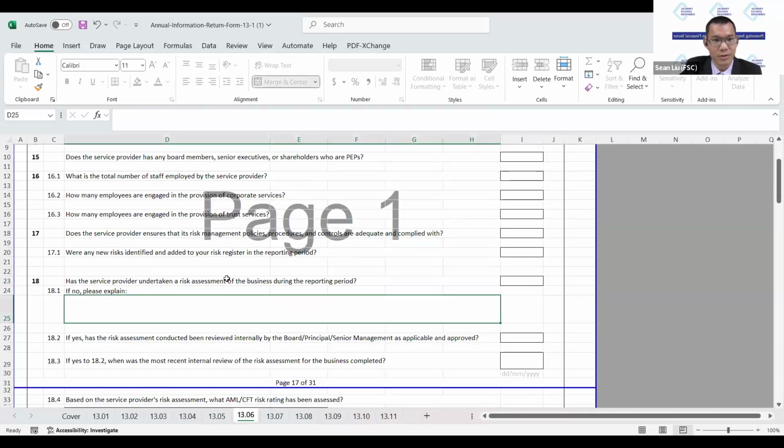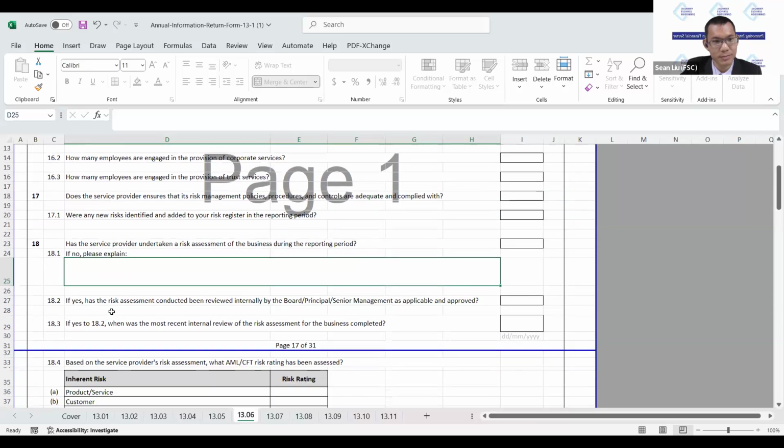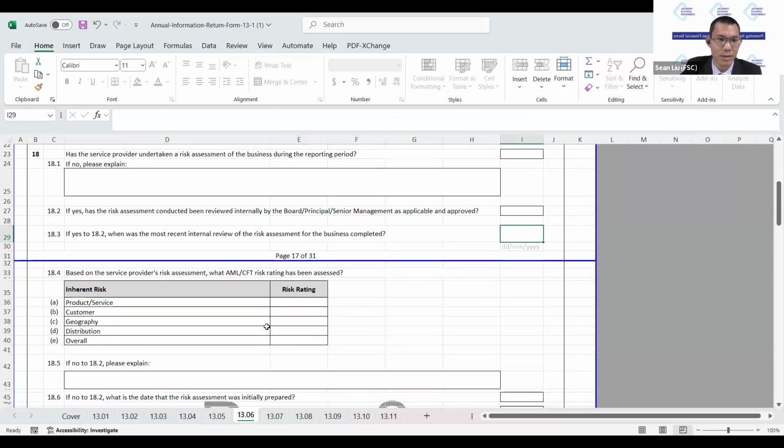We asked whether or not you've undertaken a risk assessment of the business during your reporting period. If not, we asked you to provide an explanation. We'll ask whether or not the risk assessment conducted has been reviewed internally by your board or senior management. We asked when was that most recent date.